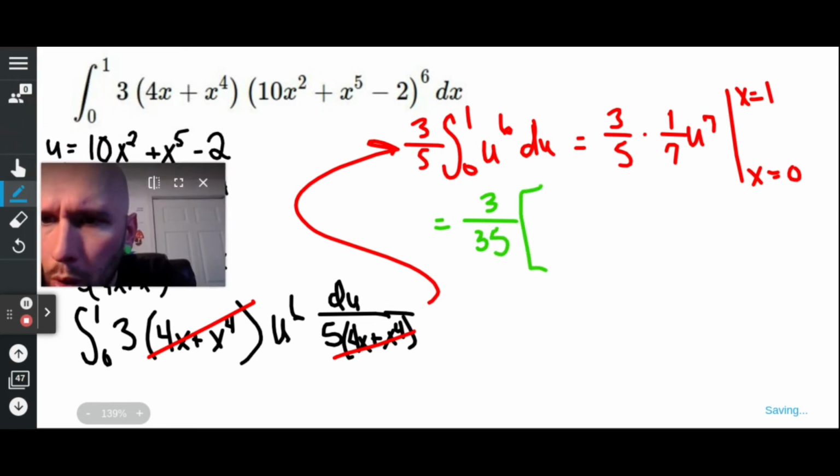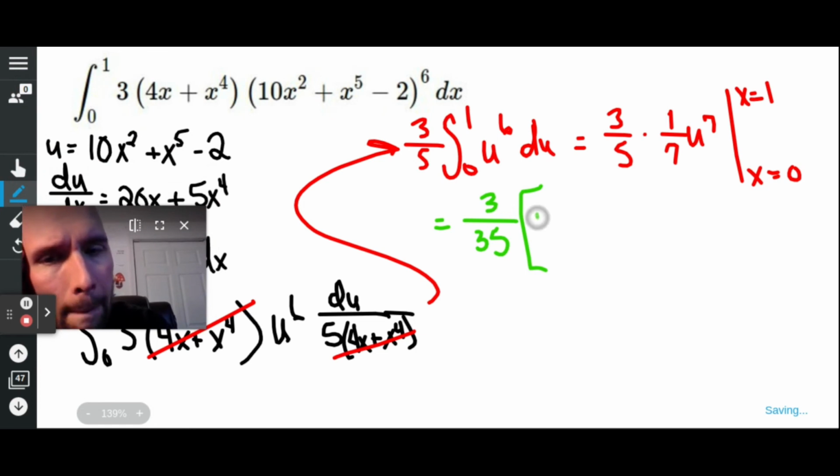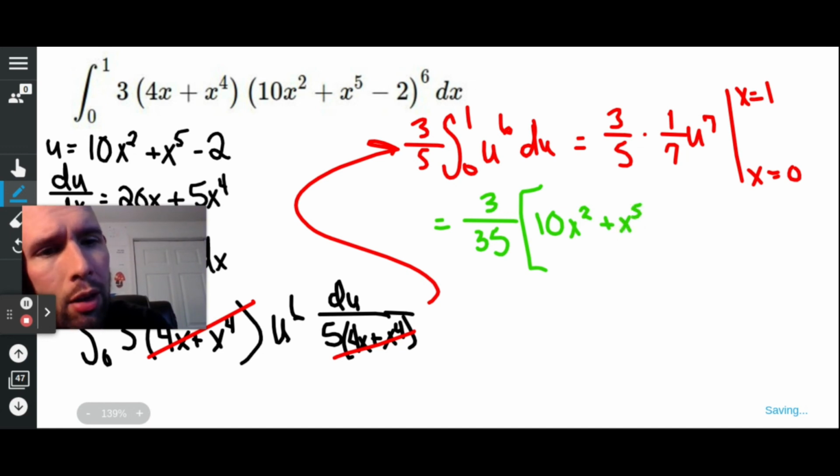U was 10x squared plus x to the 5th minus 2. And my limits are 1 and 0.